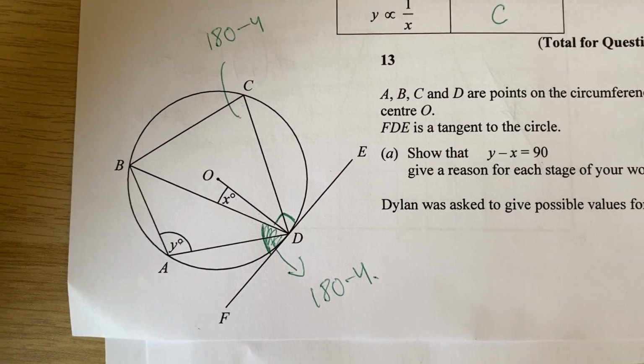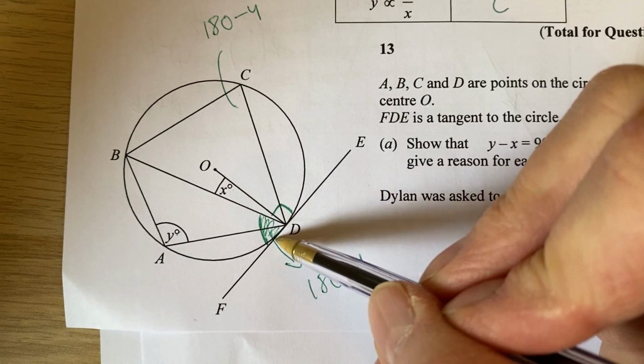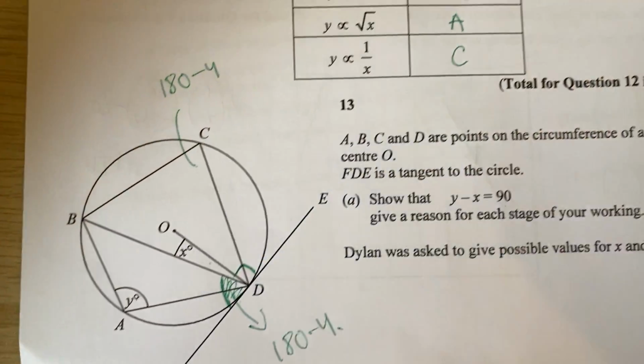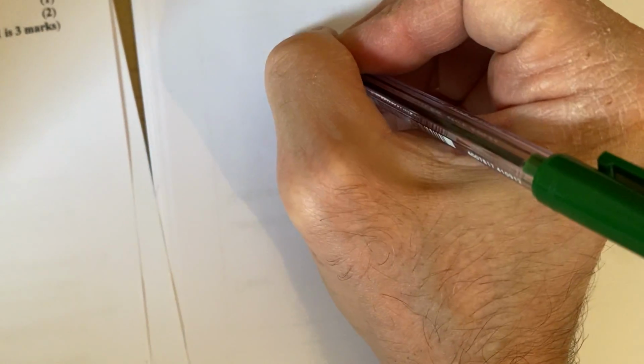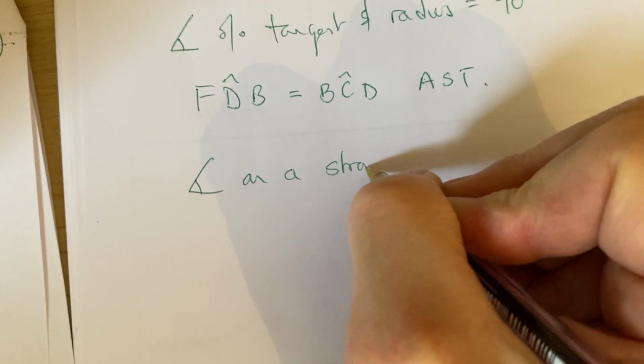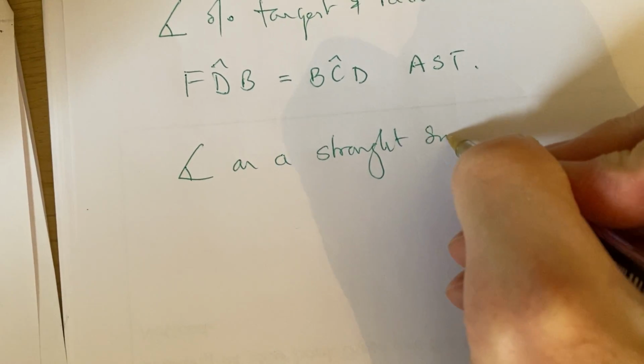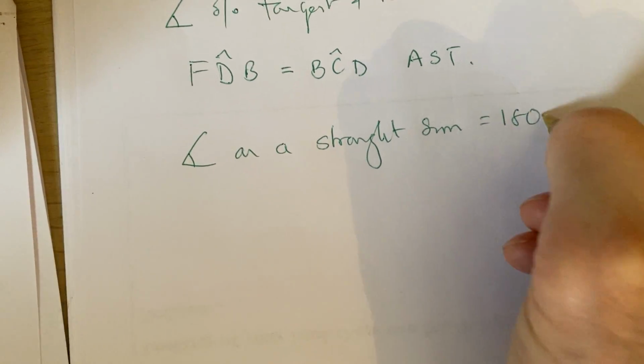Okay? Now, if I know that's 90 and I know that, I can work out what x is, because I know that angles on a straight line, so again, okay, angles on a straight line, you should know this, sum to 180.